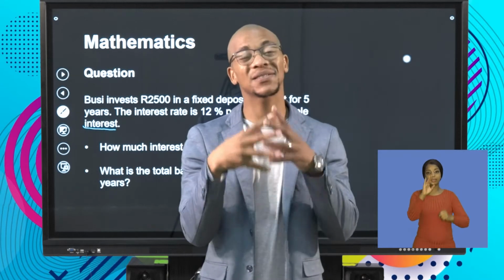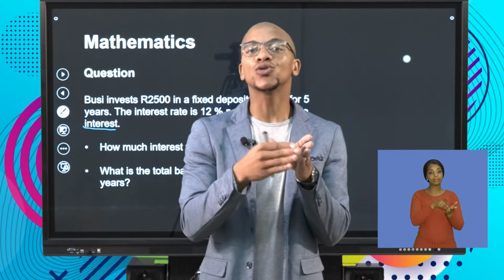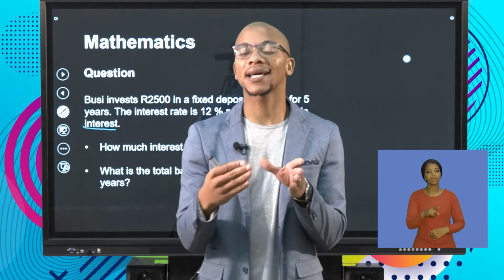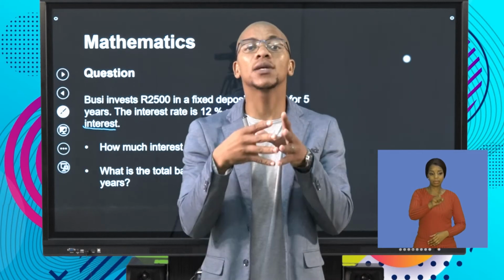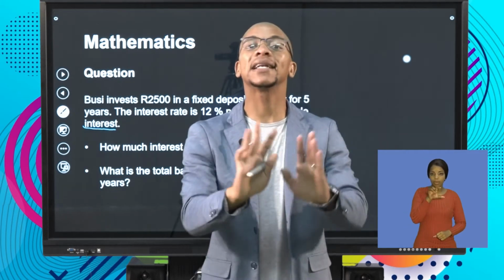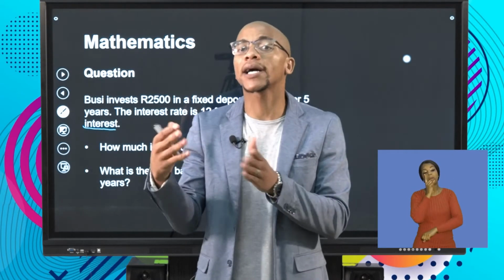What does fixed deposit mean? It means that Busi will not be making any additional deposits into this account. It will only be this 2,500 that she deposits there and leaves for 5 years, watching it accumulate some interest.